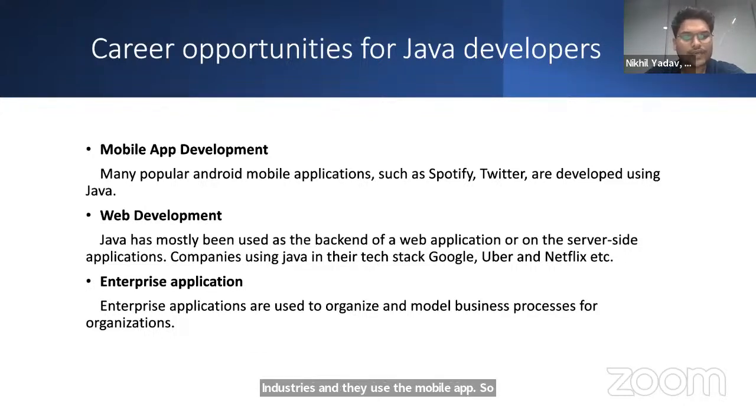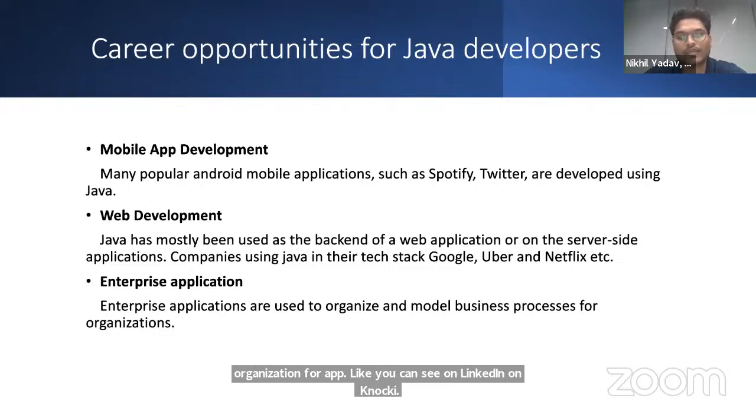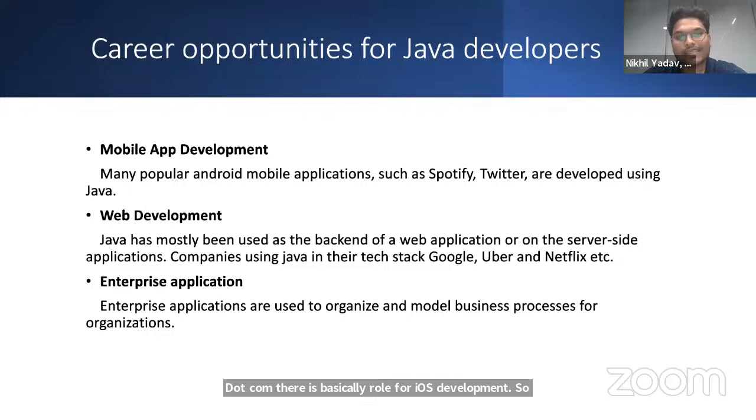Next career is web development. There are specific roles in every organization for app development. You can see on LinkedIn or Naukri.com, there are specific roles for iOS development and Android development. That's the scope of Java in the mobile app development field.